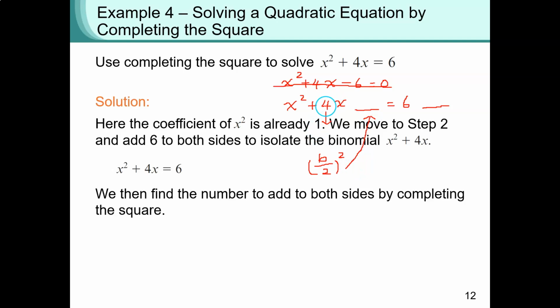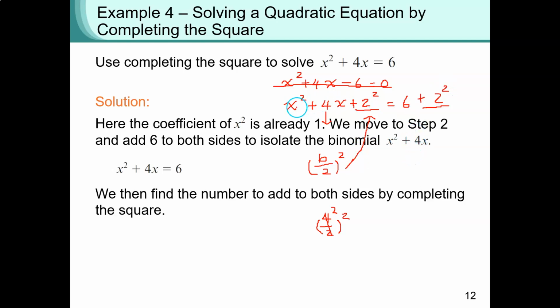Now b is 4, so I have 4 divided by 2, then square it. 4 divided by 2 is 2. So we are going to add 2 to the power 2 as the third term, and it's a plus. I'm going to add 2 to the power 2 to the right hand side as well.